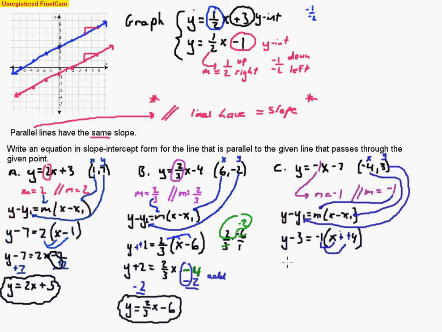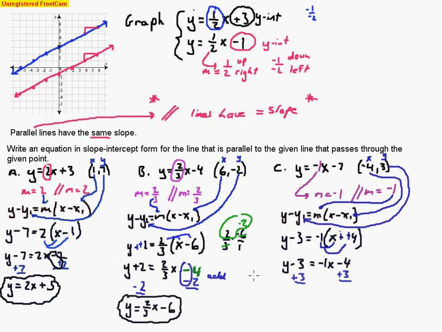We've got y minus 3 equals negative 1x, and then minus 4 because it's a negative times a positive. So we just have one more step to do, and that's to isolate the y by doing an opposite operation to eliminate that negative 3. And that will be to add 3 to both sides.